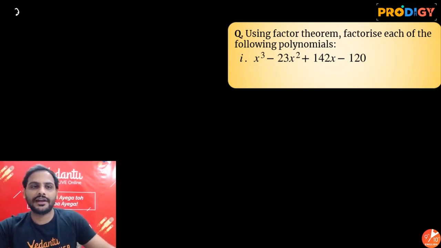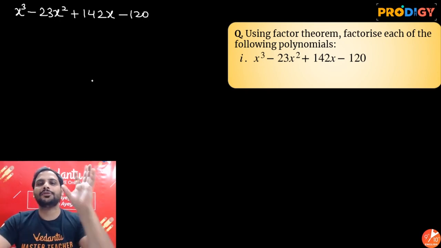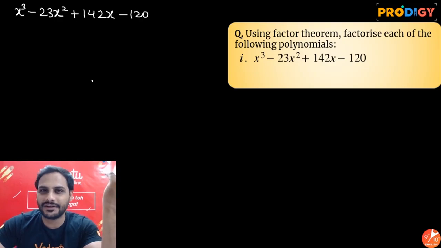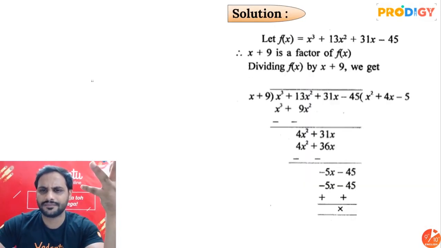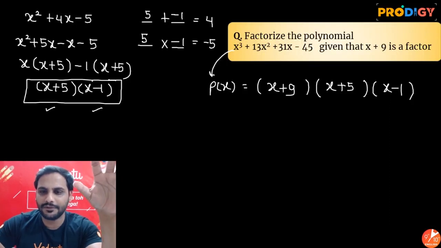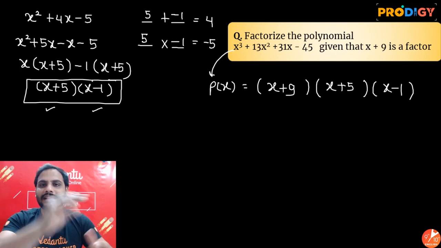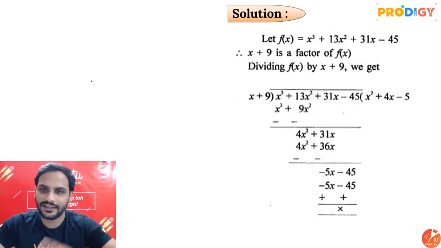So the polynomial you have is x cube minus 23x square plus 142x minus 120. Now you will say, sir, okay, you have increased the level but it's not that difficult. If you use your brain you'll say it is not that difficult. You might say, sir, if you give me one factor I bet I can solve this, like the previous question.